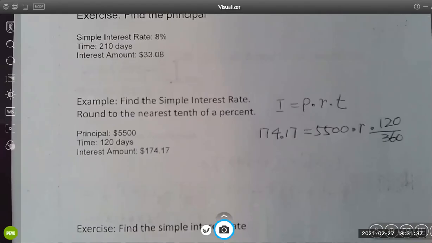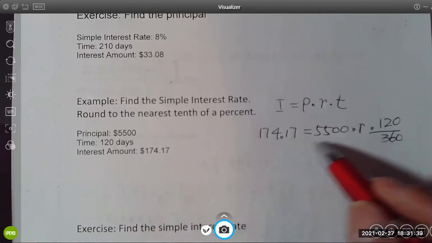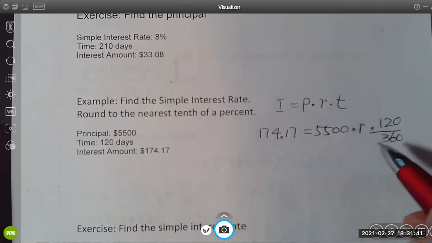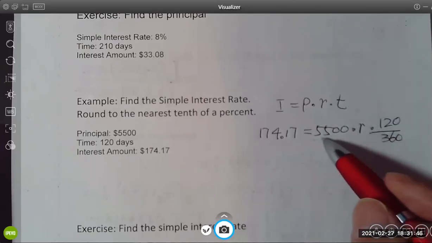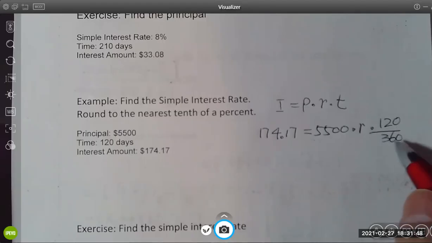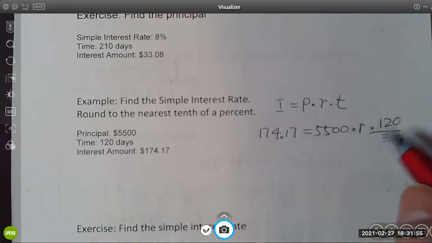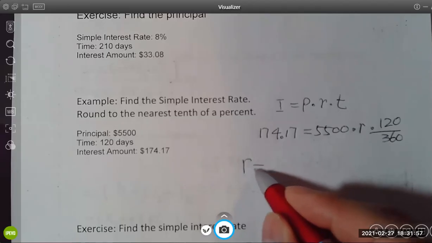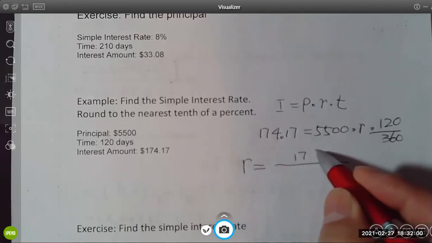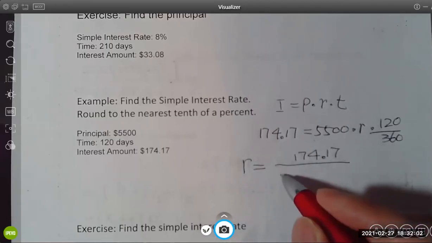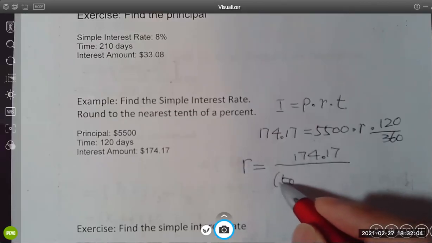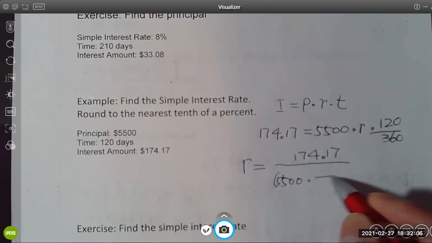And hopefully by this point, you can see that this is the exact same kind of problem. So we divide both sides by the result of these three numbers, because 5,500 times 120 divided by 360 will be a number. Whatever the number is, we just don't do it first. We want to calculate the whole thing. So R equals 174.17 over 5,500 times 120 over 360.